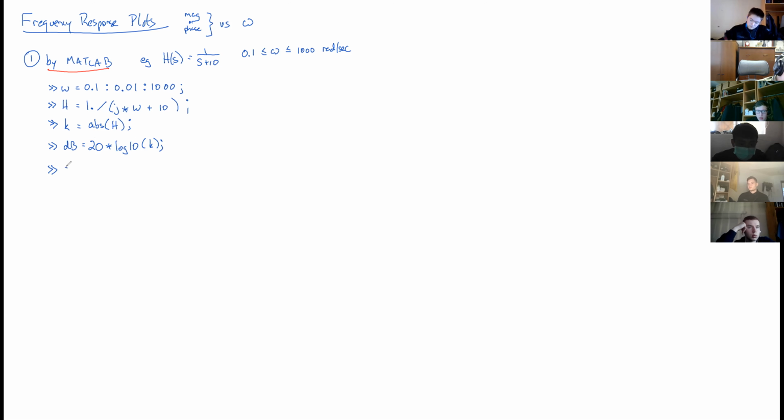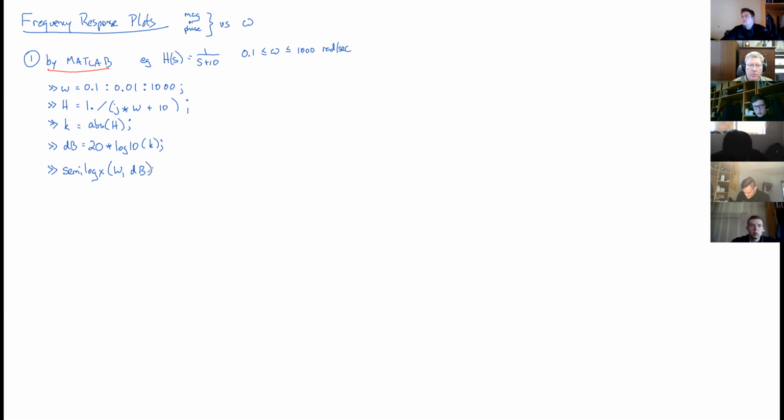And now we plot the horizontal axis on a log plot. So we're going to plot with a semi-log x, omega, dB, and that's it. And that's your Bode plot by MATLAB.